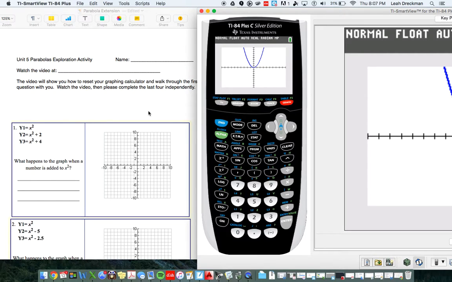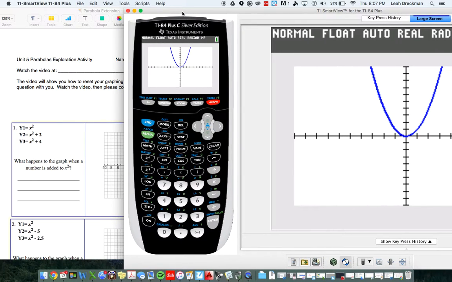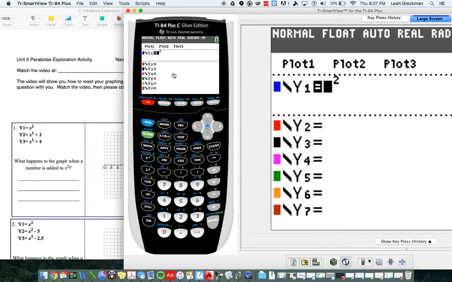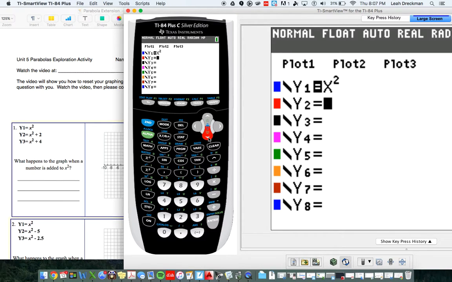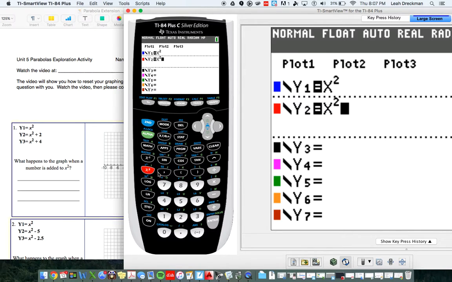Okay? Now, what we're trying to do again is observe what happens as we enter the second and third equation. So don't clear it out, but if you go to your y equals menu, we can scroll down to y2 by arrowing down and typing x squared one more time, but this time we're going to add 2.